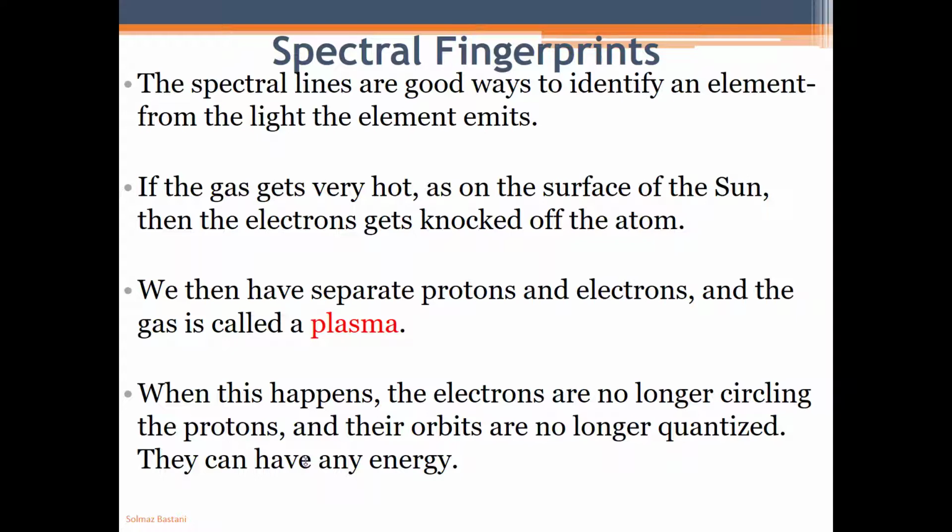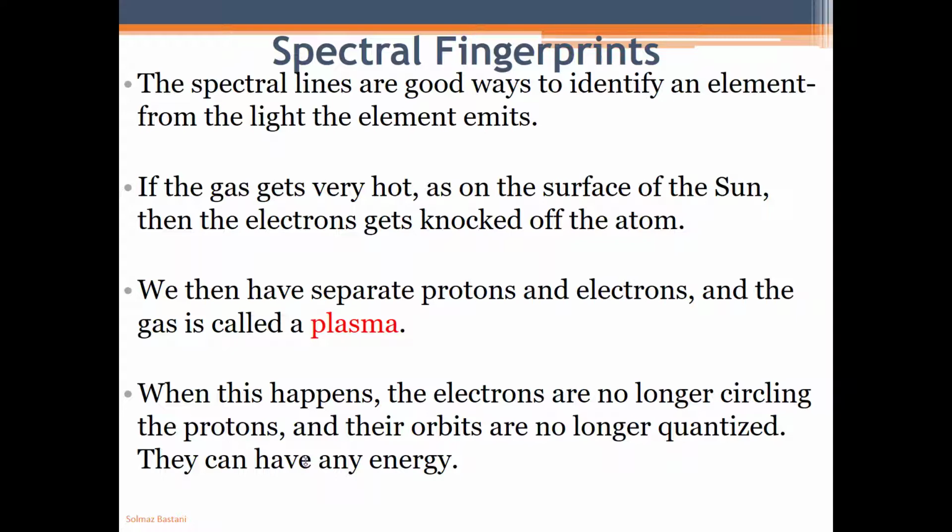But if you heat the gas to very, very high temperatures, for example the temperature on the surface of the sun, then the electrons get so much extra energy that they can get knocked off the atom. So they are not bound to go around in an orbit in the atom. Then we have separate protons and electrons, and that is the gas that we call a plasma. So when this happens, the electrons are no longer circling the protons, their orbits are no longer quantized, and they can have any energy.